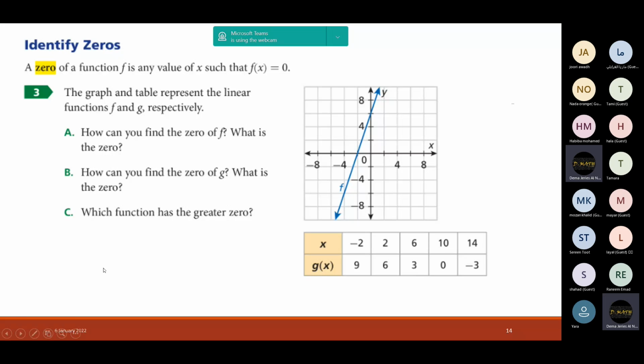Here, at this point, when x equals -2, what is the value of y? It's 0, because it is on the x-axis. So when x equals -2, this one I call a 0 of the function.